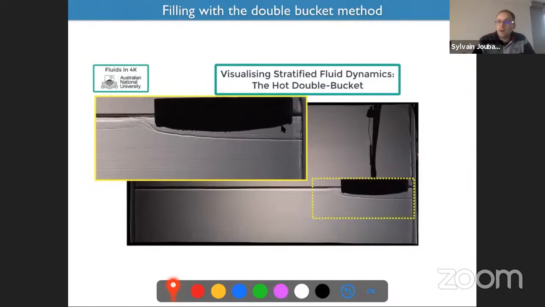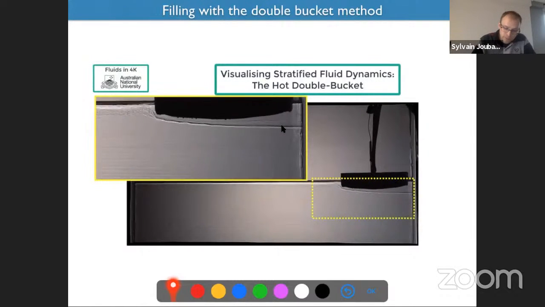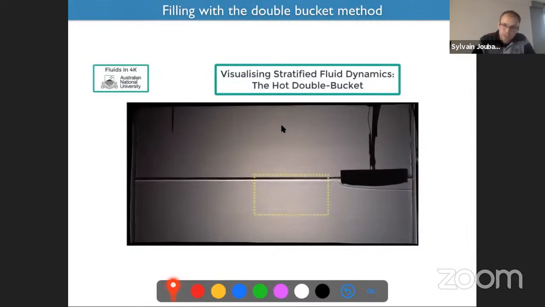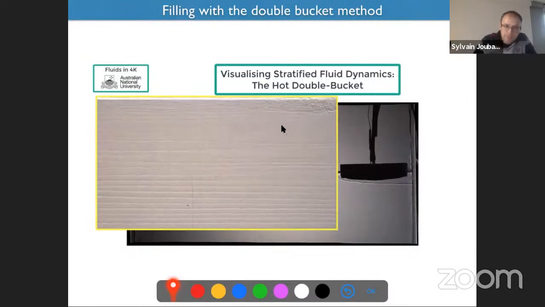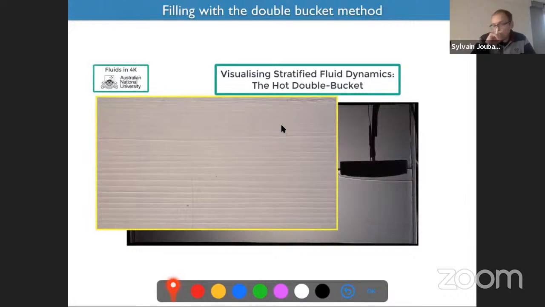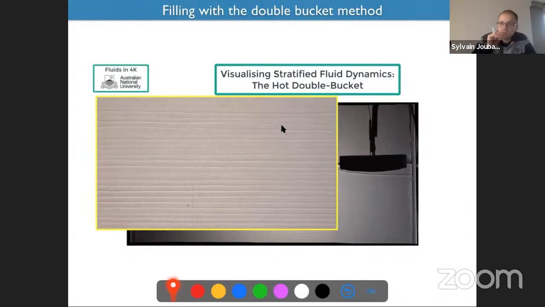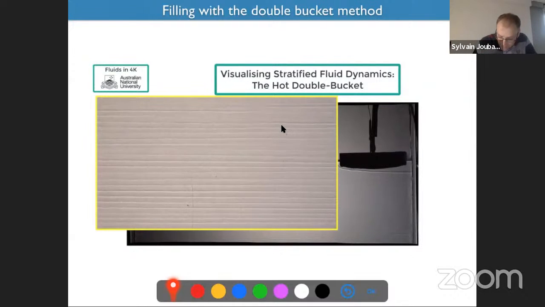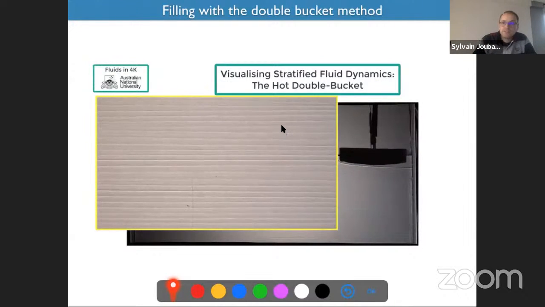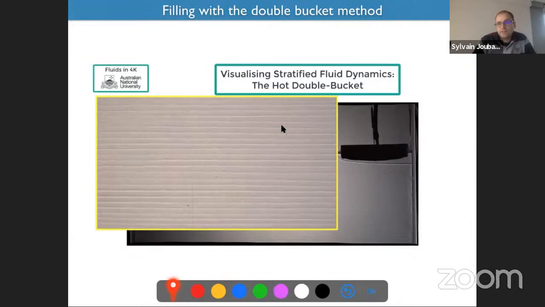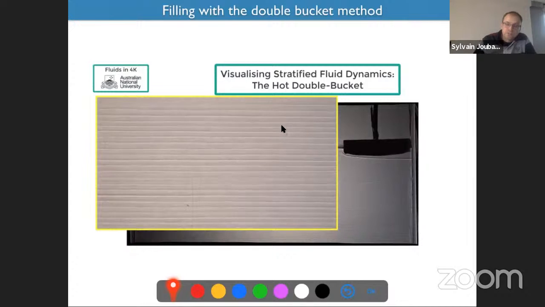And that's one of the major issues in the experimental realization of the double bucket system: you want this mixing to be reduced as much as possible. You don't want it, since it will have some effect on your stratification that will not be good if this mixing is very large.